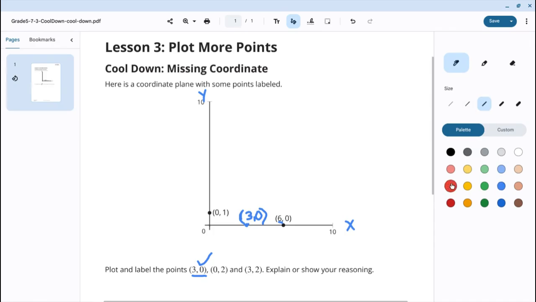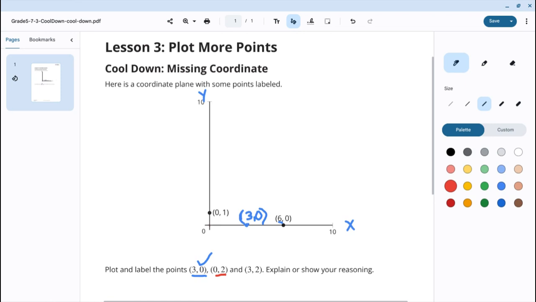Okay, now we're going to go ahead and take a look at going over nothing, because our x is 0, but going up 2. Okay, so here is the origin. All movement starts from the origin. We're not going over anything. Our x is 0, but we're going to go up 2.